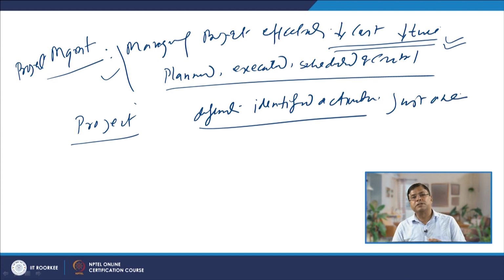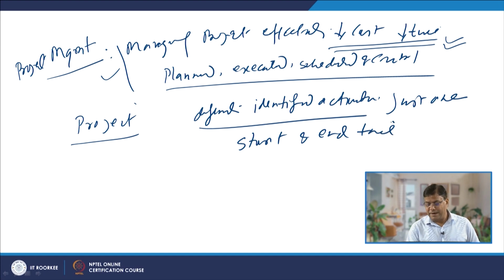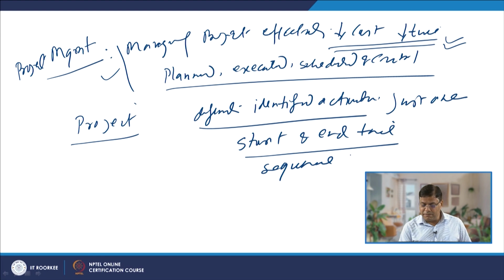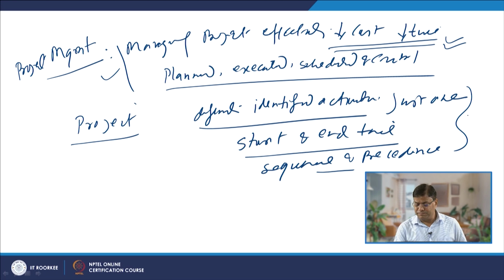So, it is a set of activities done just once with a definite start and end timing, and these activities are done in a particular sequence as well. So, there will be some kind of precedence relationship between these activities.